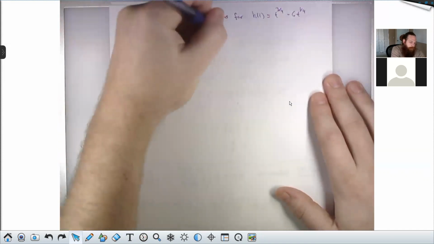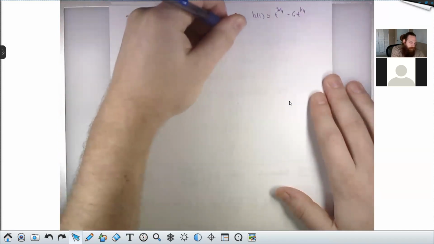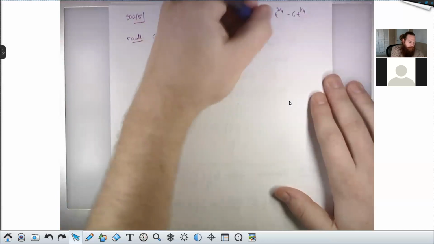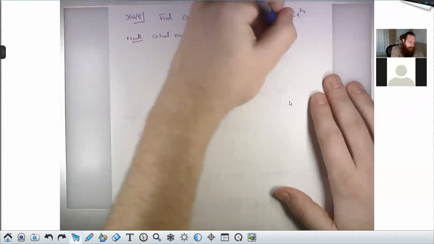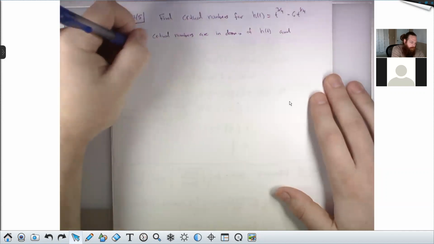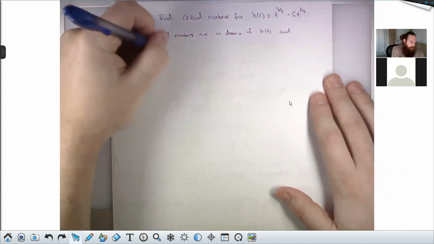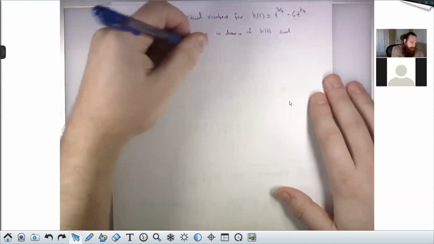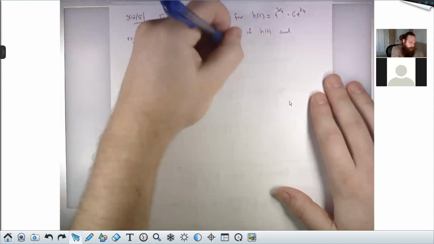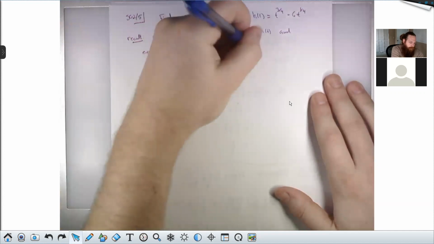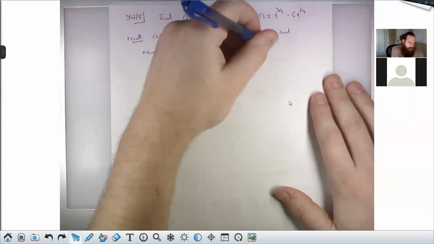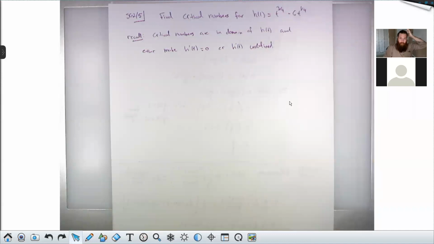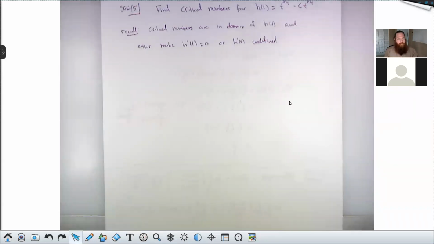They're in the domain of the original, and either make h prime of t equal to 0 or h prime of t undefined. So your first thought here should be, what's the domain of the original?